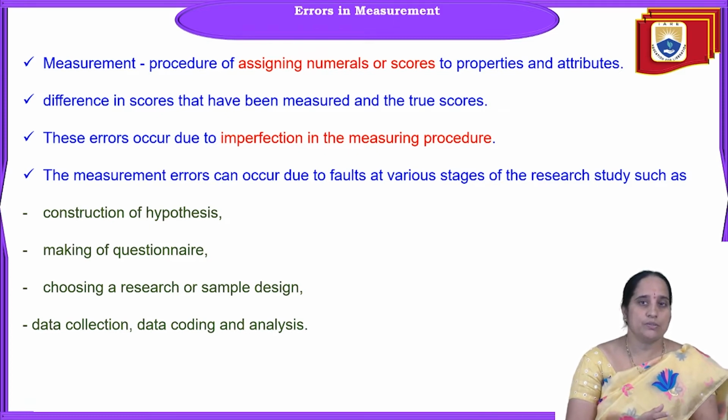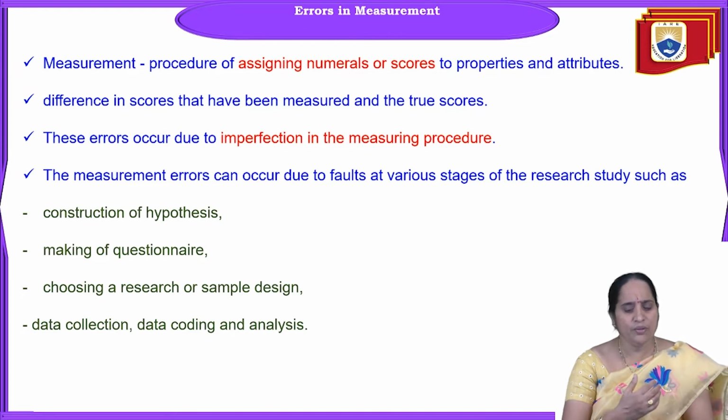The difference between the scores that have been measured and the true scores is the error. These errors occur due to imperfection in the measuring procedure. If you select a wrong measurement scale, that again leads to errors in measurement.